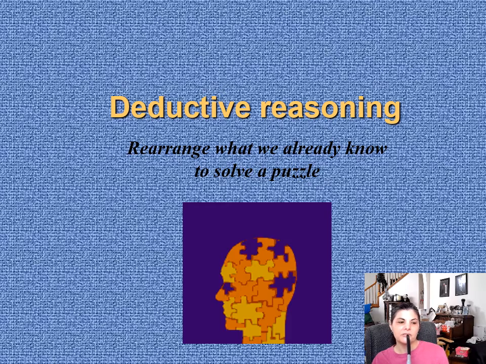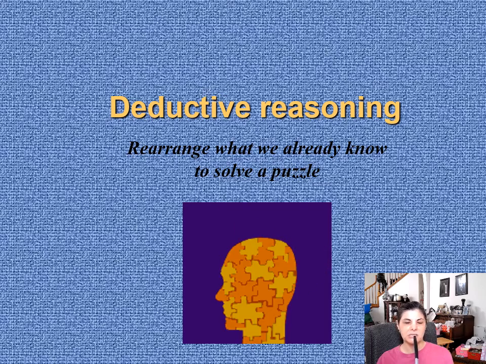So that was causal reasoning, and we talked about inductive reasoning too. The third type of reasoning we use all the time, and it's the third one I'd like to talk about today, is deductive reasoning. This is when we use things we already know in our head, and we put the pieces together to solve a problem or solve a puzzle.